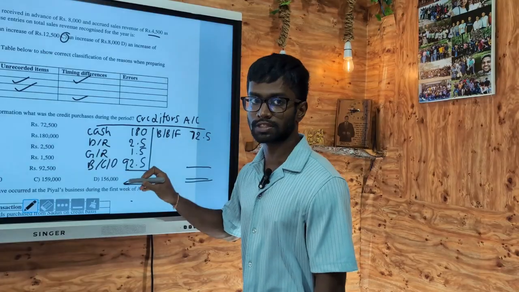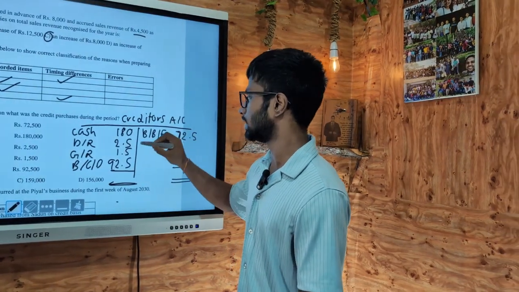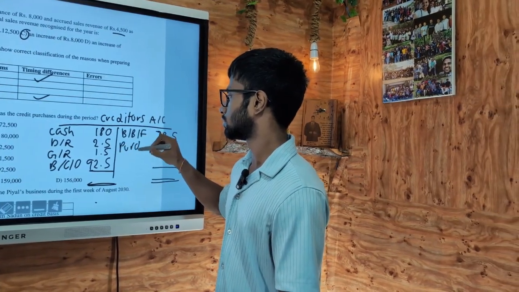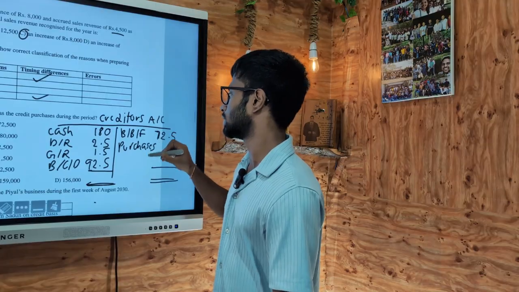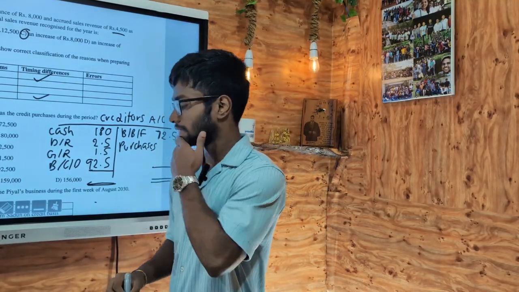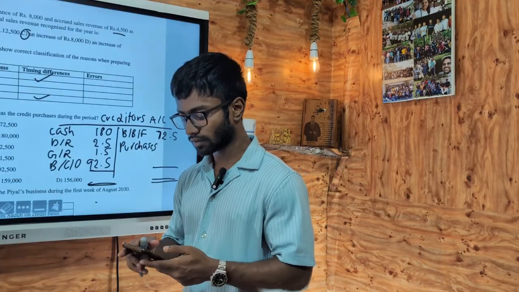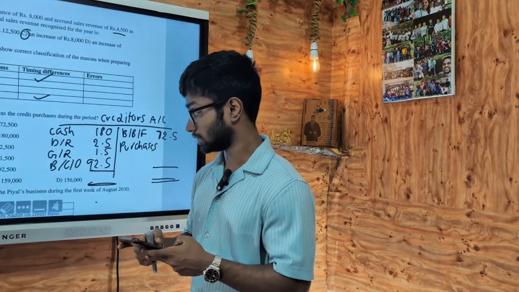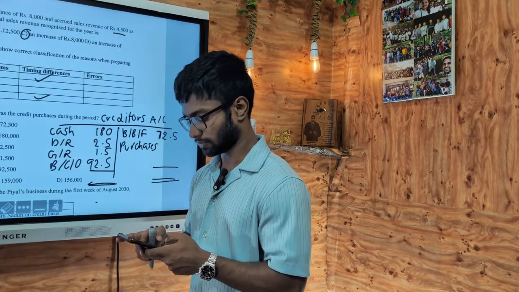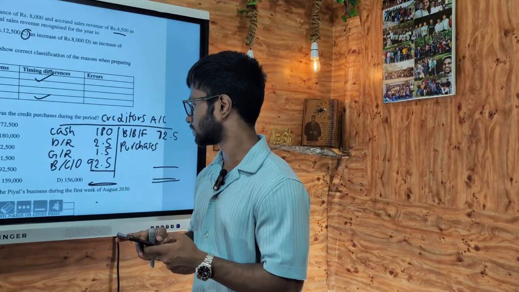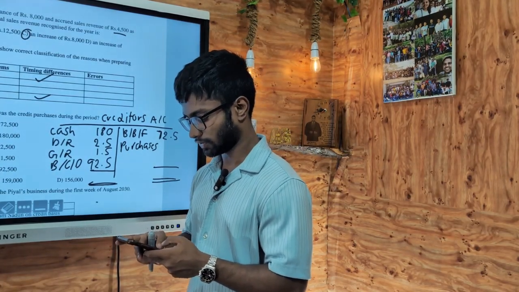You get the total of this side, deduct this, and then you get the credit purchases out. So you can just take your calculators out. Here we get 180 plus 2.5 plus 1.5 plus 92.5.